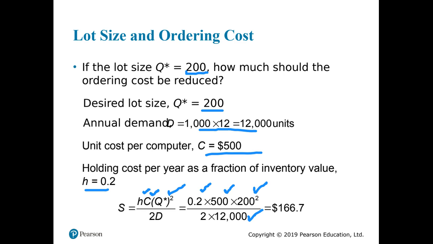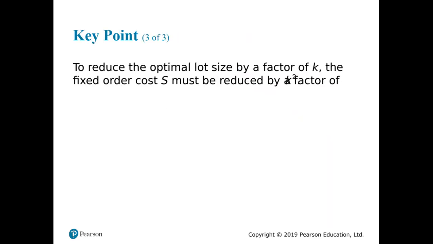So it gives us 166.7, which is not very different. And if the lot size has to reduce the optimal lot size by a factor of K, the fixed order cost must be reduced by the same factor as well.